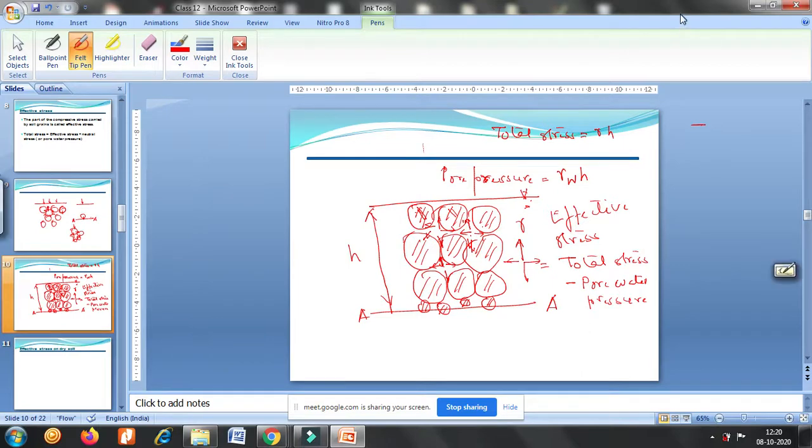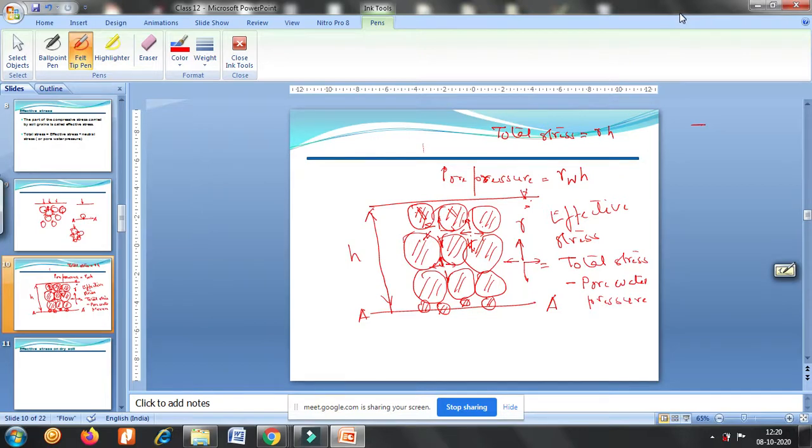According to the definition, whatever the stress given by the soil grain, that stress is called the effective stress. The stress given by the soil mass is the total stress, and from this total stress, if we take out the hydrostatic stress, that means the pore water pressure, then we can find out the stress given by the soil grain.